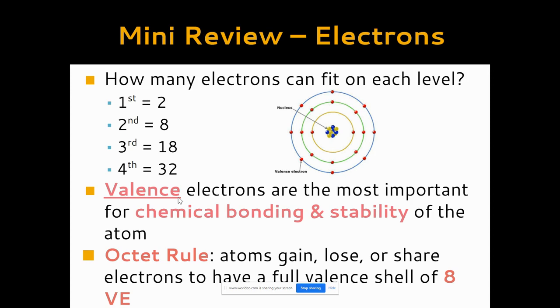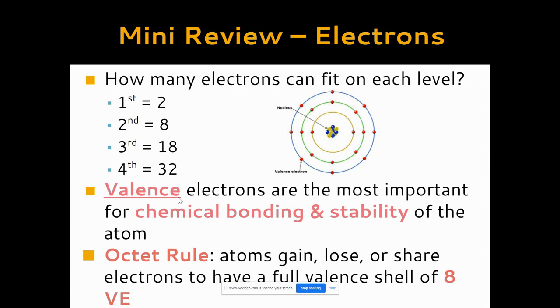Valence electrons are again the electrons on the outermost part of the atom, the furthest away from the nucleus. So when an atom interacts with another atom, the thing that's actually interacting is the outermost electrons. The electrons that are furthest away from the nucleus are interacting with the electrons that are furthest away from the nucleus of the other atom. Okay, so that's what valence electrons are.